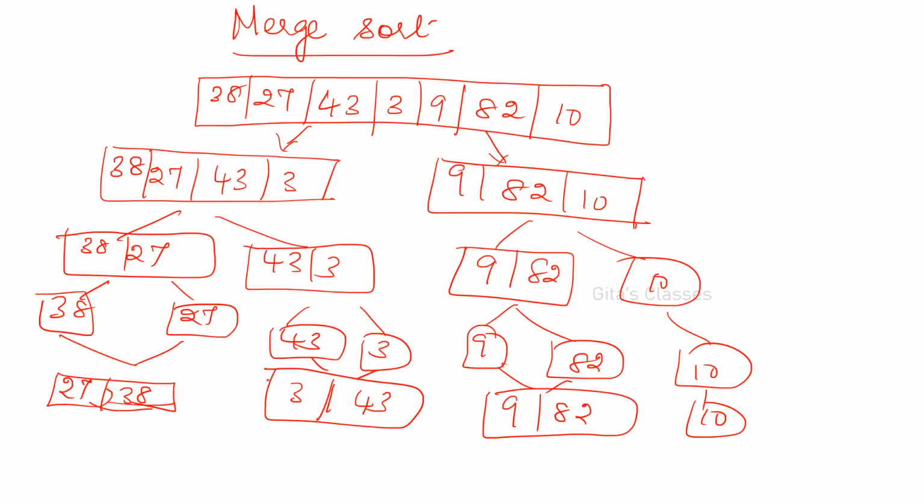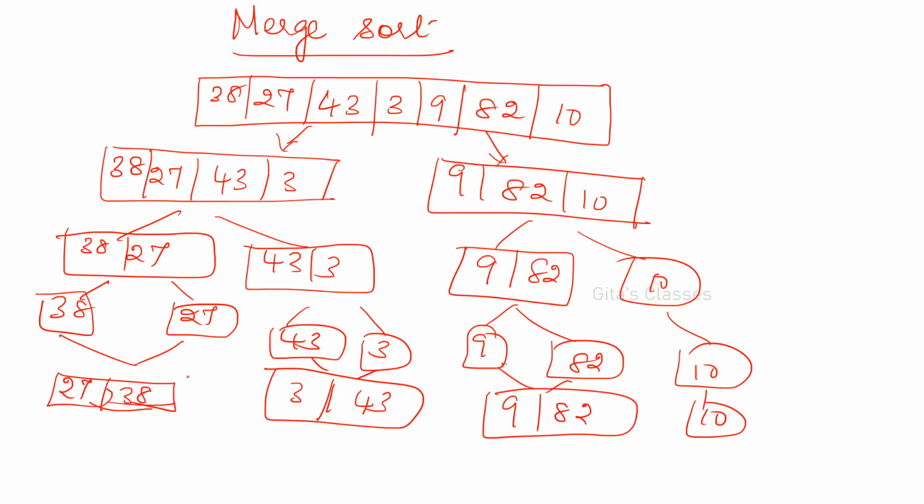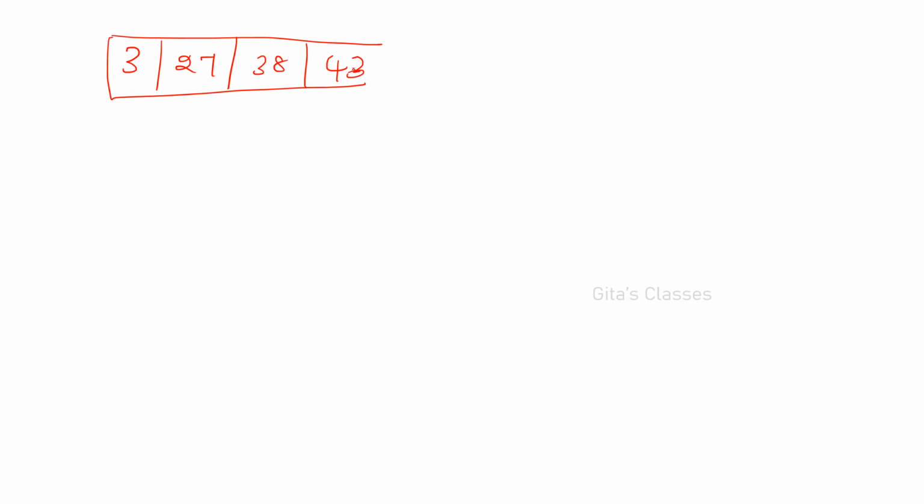These two are combined. Next you have to combine these 4. After combining these 4, you have to sort these 4 numbers, then combine. So you will be getting 3, 27, 38 and 43, from the combination of the previous two.